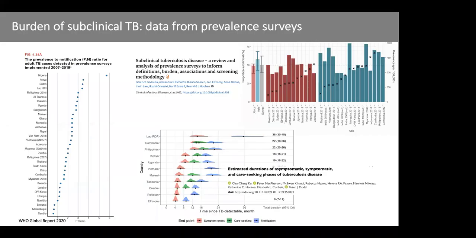So thinking about burden first of all, the figure on the left is one that WHO puts in their global report each year, looking at the ratio of prevalent TB to annual bacteriologically positive notifications in a given country.